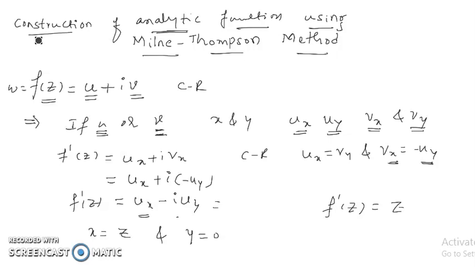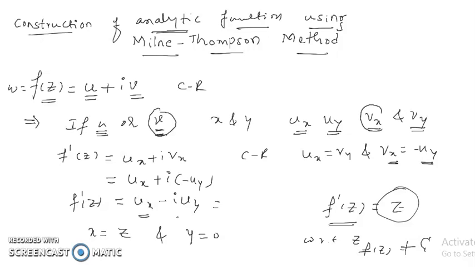After that, we need to integrate this f dash of z with respect to z. Then we are going to get f of z is equal to this function, whatever we get, plus integral constant c. This is what exactly we are going to do. The same way, if the imaginary part is given, we are going to find v x and v y.